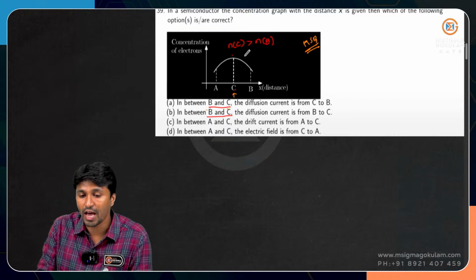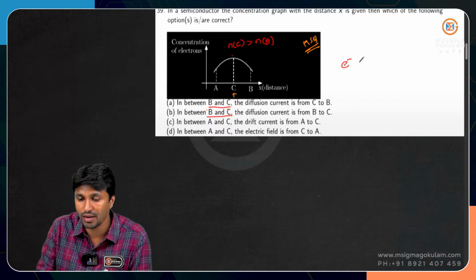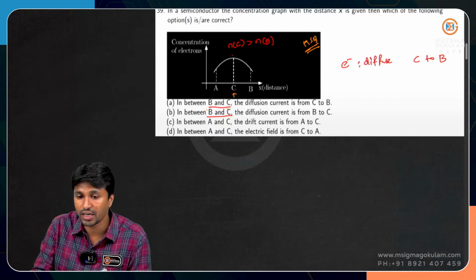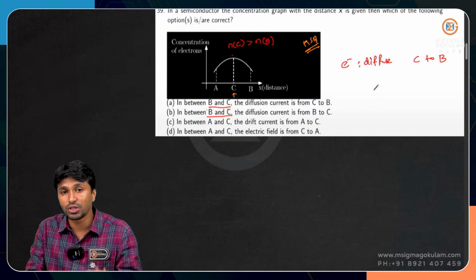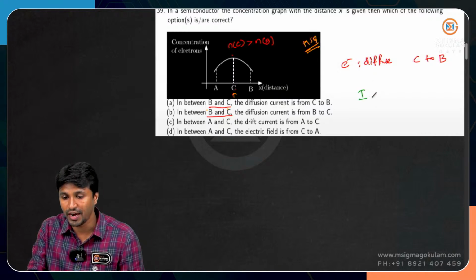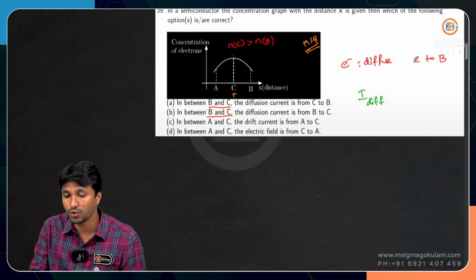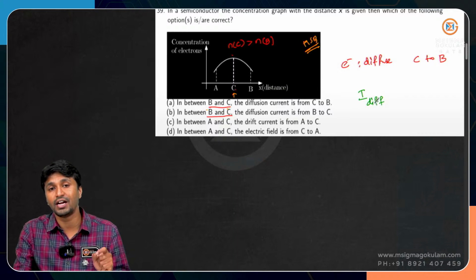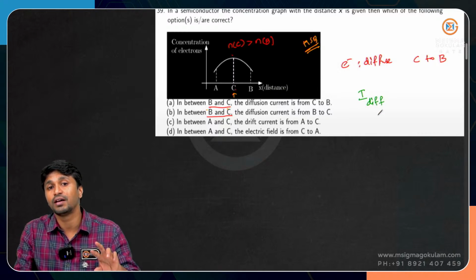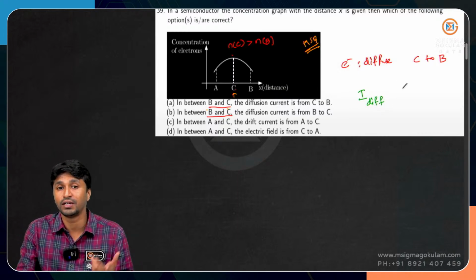Therefore the electrons will diffuse from C to B. The current due to the diffusion of electrons will be in the opposite direction to the electron flow.